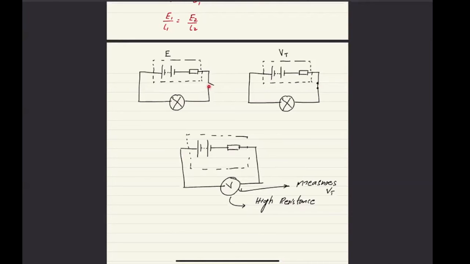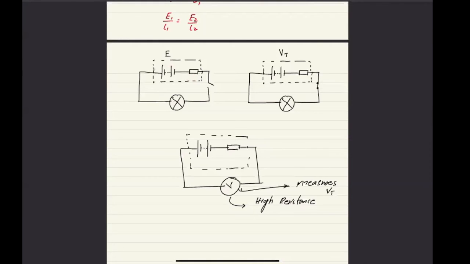When the switch is open, you'll get a larger value across the battery, and when the switch is closed, you'll get a smaller value. This happens because of the resistance of the battery itself. So when the battery is driving current, a voltage drop appears across the resistance of the battery. And that new voltage is called the terminal potential, which is less than the actual EMF of the battery. This happens because of the internal resistance.